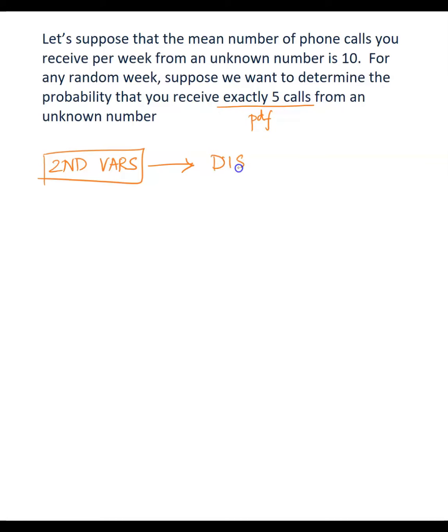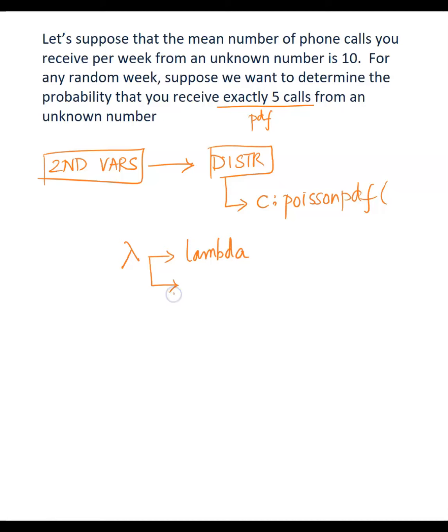So dist and C, Poisson PDF. When you hit that, it shows in previously we saw trials and things like that, right? Here it has this strange symbol. It looks like this. This is another Greek symbol that's called lambda. Okay, so the Greek symbol lambda actually tells you the mean number of phone calls per week.